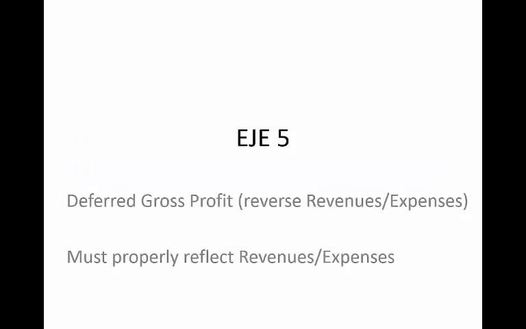Now that leaves us with a new entry. We did this kind of in case 1, but it'll be more in detail this time. So we've taken care of the deferred gross profit. Let's properly state the revenues and expenses.